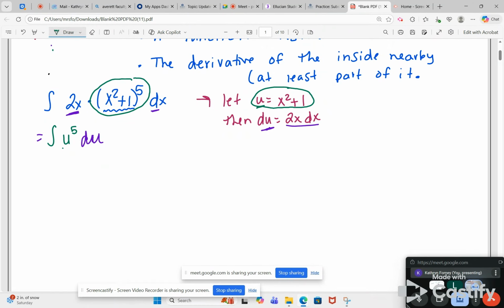At this point, you can integrate. Take the antiderivative. When we do that, you increase your exponent, divide by the new exponent, and always put your plus c.